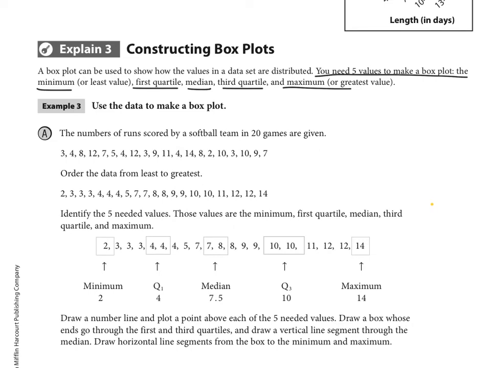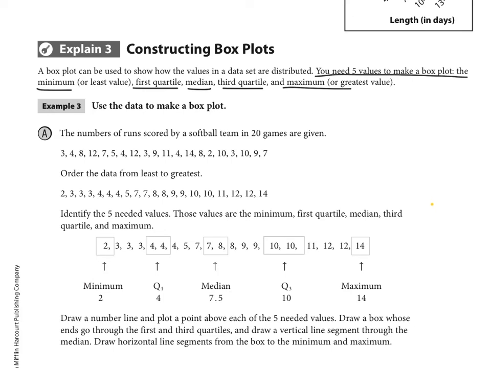In this example, again, you don't necessarily need to write anything down. They start by giving us 20 points of data. To find anything in the middle, we have to order them from least to greatest, so that's what we've done here. My biggest tip, if you have to do that by hand, is to cross them off as you go. Then we identify our 5 needed values: the minimum, the maximum, and they found this median here in the middle.